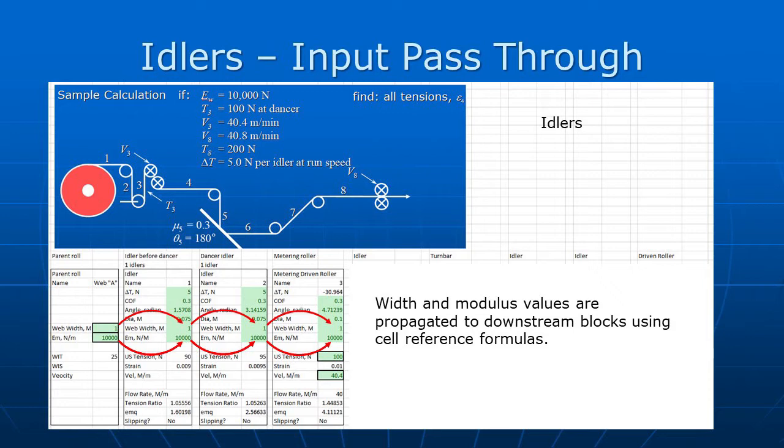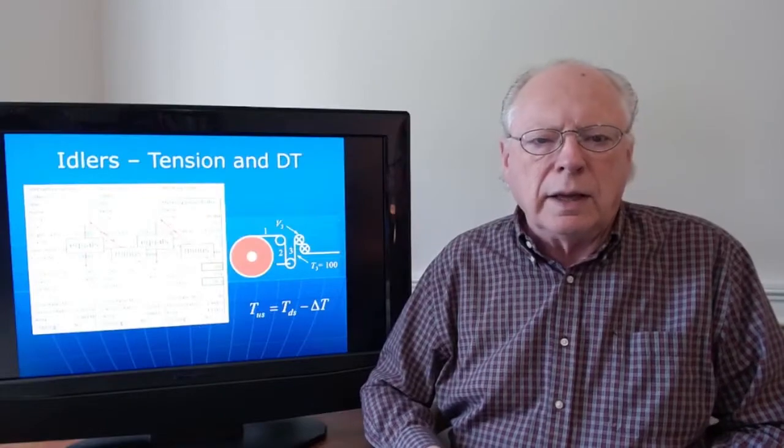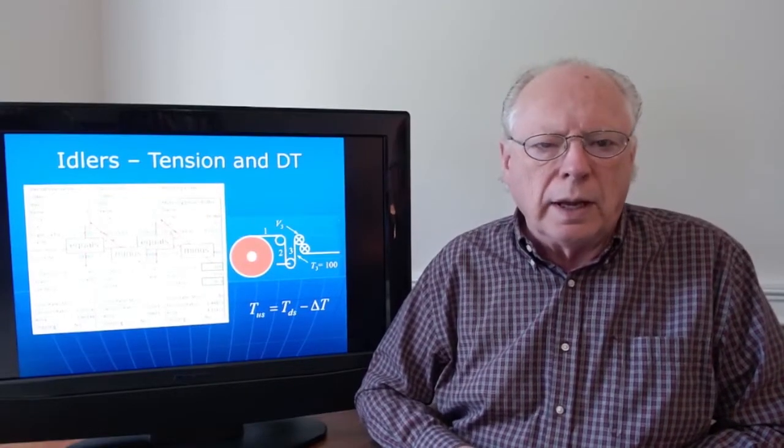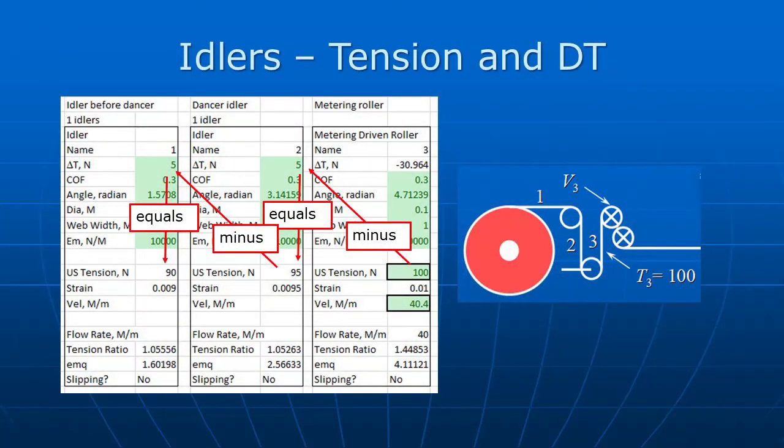Now, for these idlers, again, we need to enter the drag and the various properties that are shown here for the idlers. And the calculation that's done is we had a tension that was specified in the master roller.